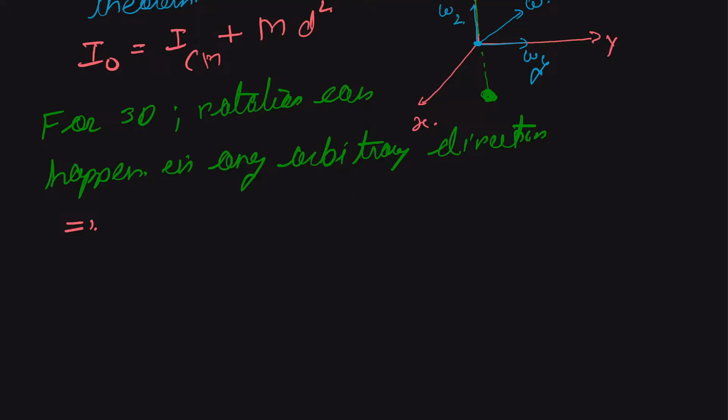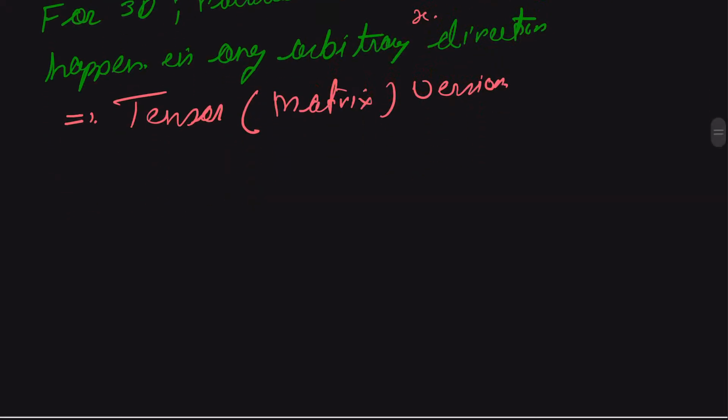Therefore, we are going to use the parallel axis theorem, but that parallel axis theorem is called the tensor version, or it is also called the matrix version, and that is I naught is equal to ICM plus mass times d square times I minus d and d.